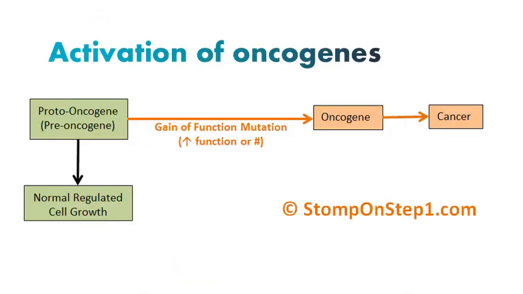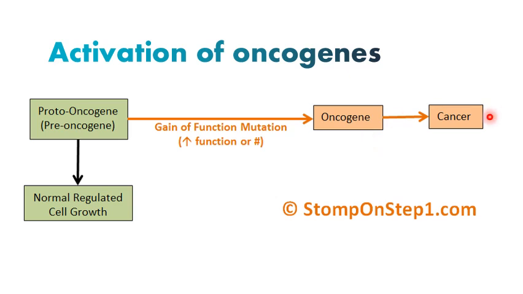As we said regarding the activation of the oncogene, we have proto-oncogenes, also called pre-oncogenes. They will gain function through mutation, and they will develop into oncogenes or cancerous cells.